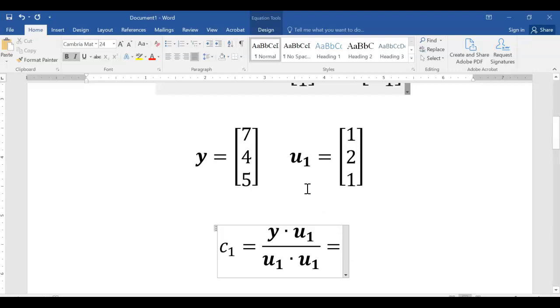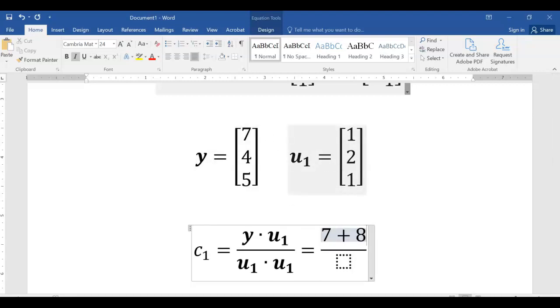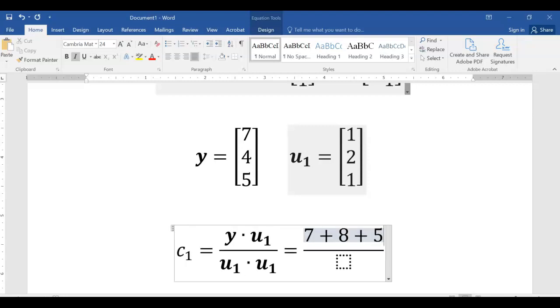What we see here, 7 times 1 is 7. 4 times 2 is 8. 5 times 1 is 5. So my numerator is going to be that. My denominator, u1 multiplied times itself, I get 1 plus 4 plus 1.